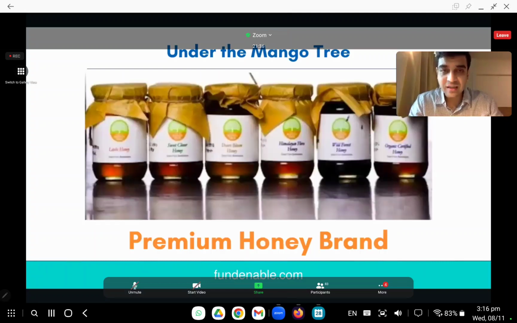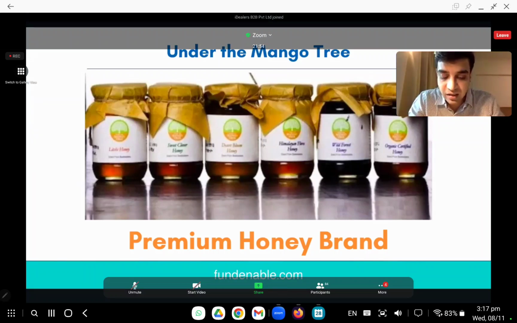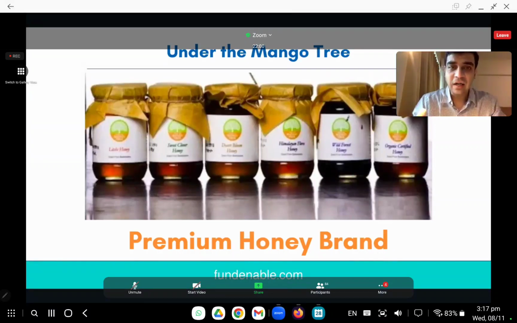Now, what this company does is it collects the honey from the farmer, pays them, bottles it in beautiful little bottles, and exports the honey to international markets. This fetches a very high price. It is basically what they call the single malt of honey, right? In whiskey, just the way you have single malt, the honey collected from a lychee growing region will be lychee honey.